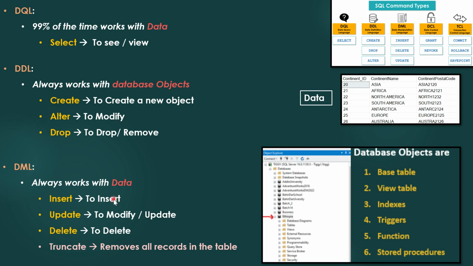So insert brings new records or new data. Update is partial modification, one or two, but not the entire row. When you want to delete, you can delete one or two, whatever you want. Truncate removes all of them. Just imagine it by connecting with the real world.